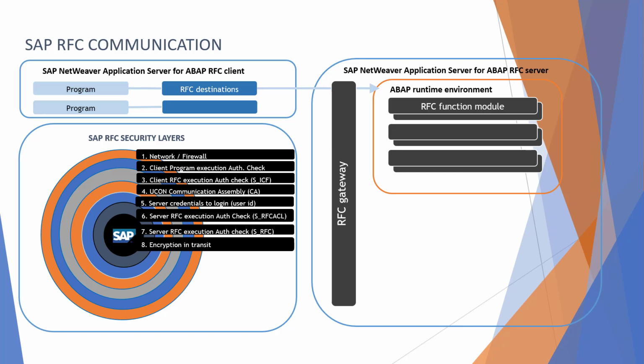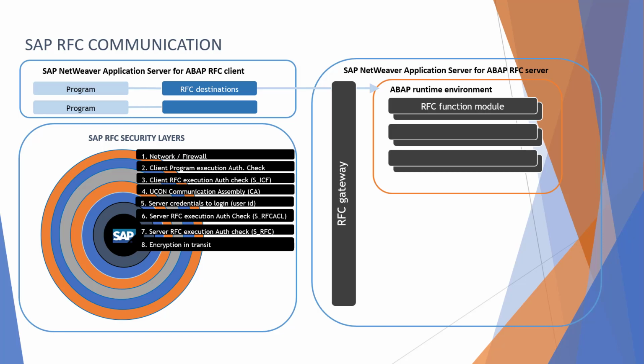If the communication is not trusted, the RFC execution auth check will just be for the object S_RFC. The final RFC security layer available in this scenario is encryption in transit. The RFC protocol for encryption is done through SNC, or Secure Network Communication.